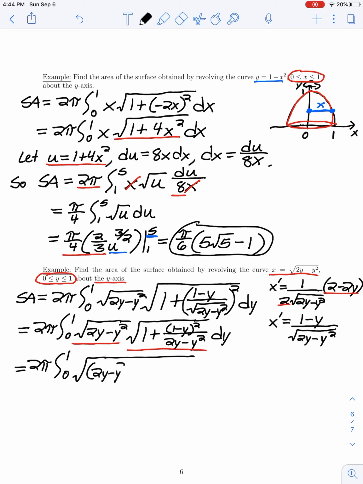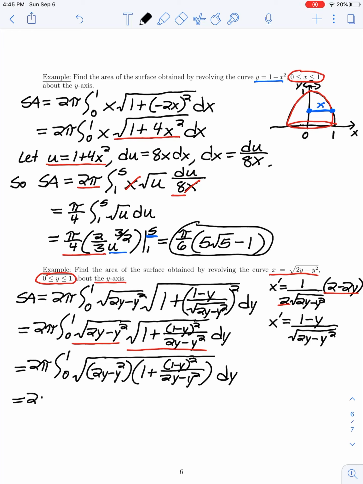That is, 2y minus y squared times 1 plus 1 minus y squared over 2y minus y squared, dy. We're using the fact that the product of the square root of two terms is the same as the square root of the product of those terms.